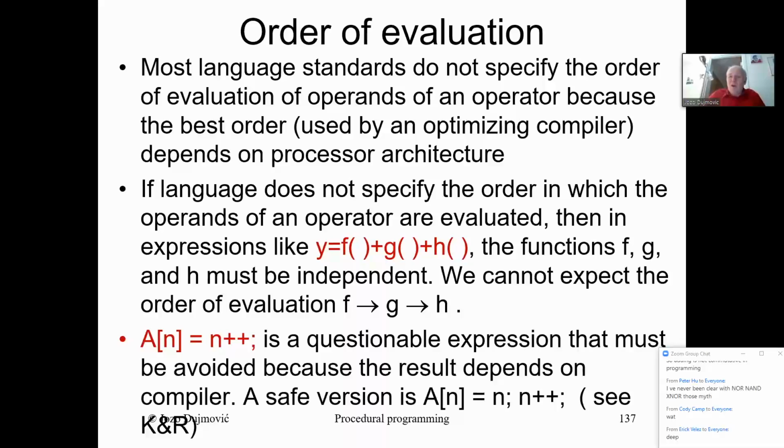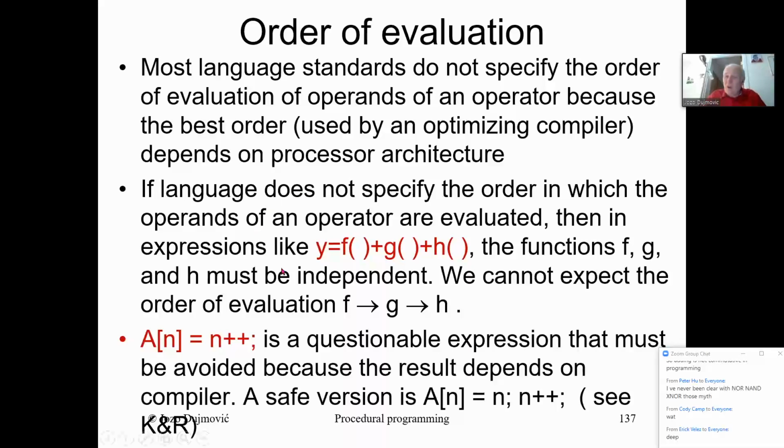And so if you have an expression like y equals f plus g plus h, you know that you are going to add this value first plus this value and then plus the h value. But that does not mean that f is going to be computed first, g is going to be computed second, and h is going to be computed third. That is not given to you. It is not promised to you.